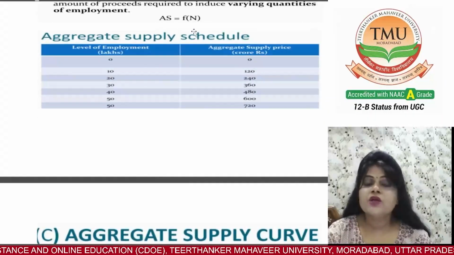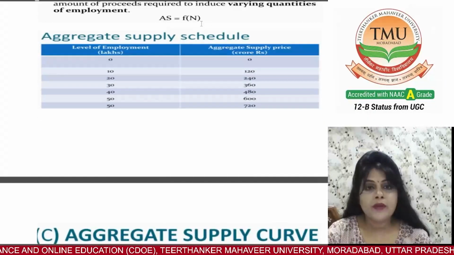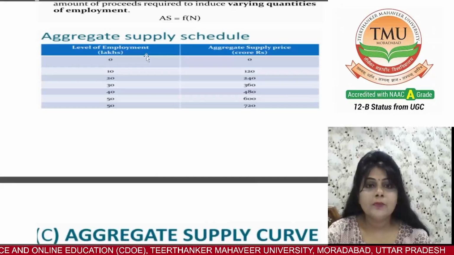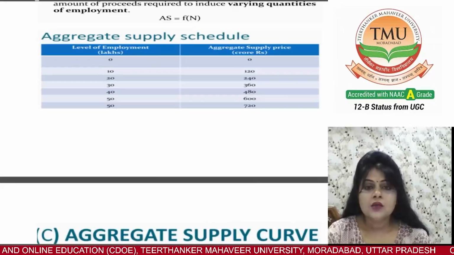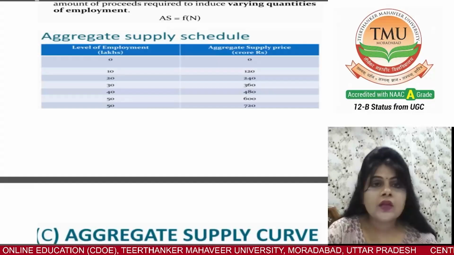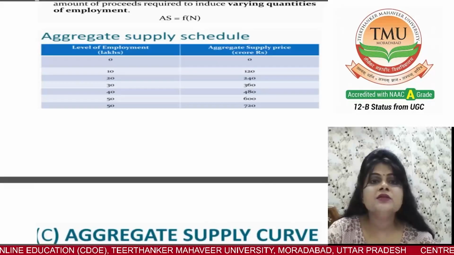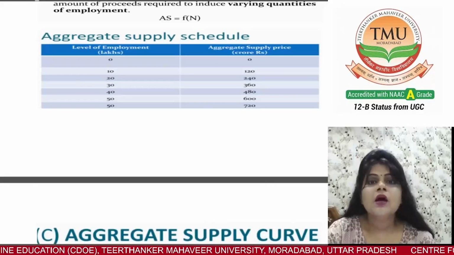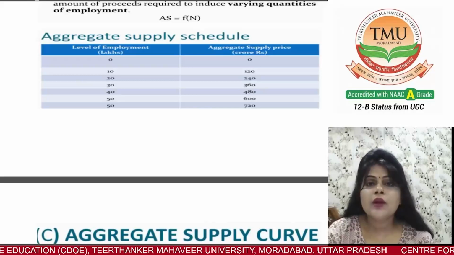Aggregate supply is a function of the level of employment. You can see that when the level of employment is 10 lakh, the aggregate supply price is 120.